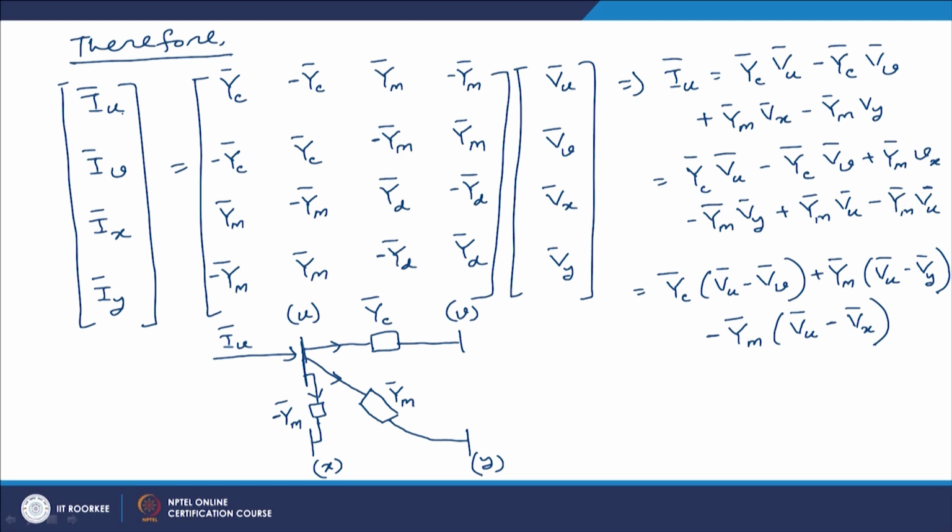And we have shown that this bus injection current vector and this bus voltage vector can be interconnected with each other by this 4 cross 4 admittance matrix, and from this admittance matrix we can represent the current Iu, the injected current at bus u, by an equivalent circuit as shown here.